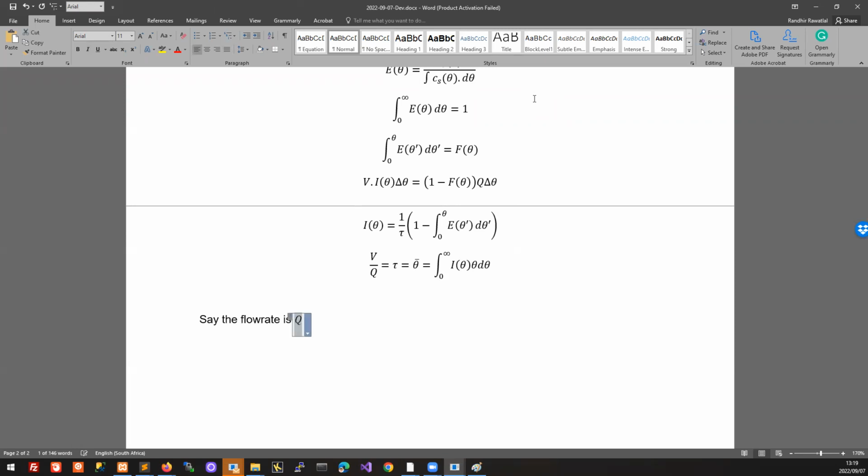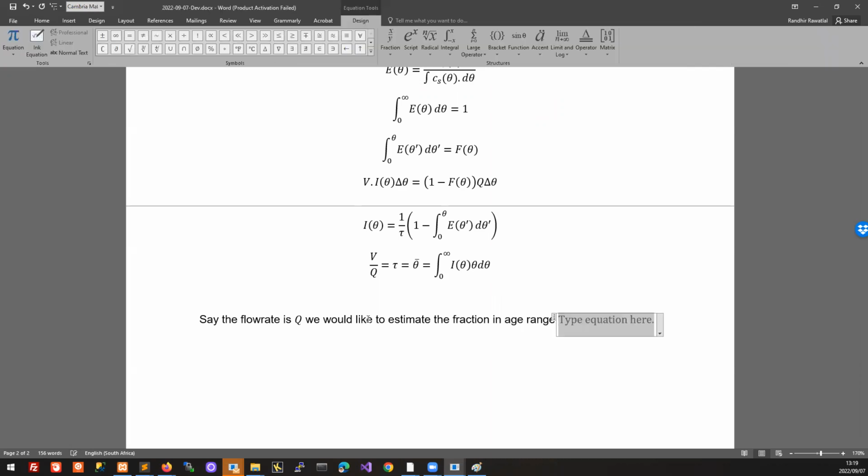And we, of course, are interested in, we would like to estimate the fraction in the age range theta to theta plus delta theta.